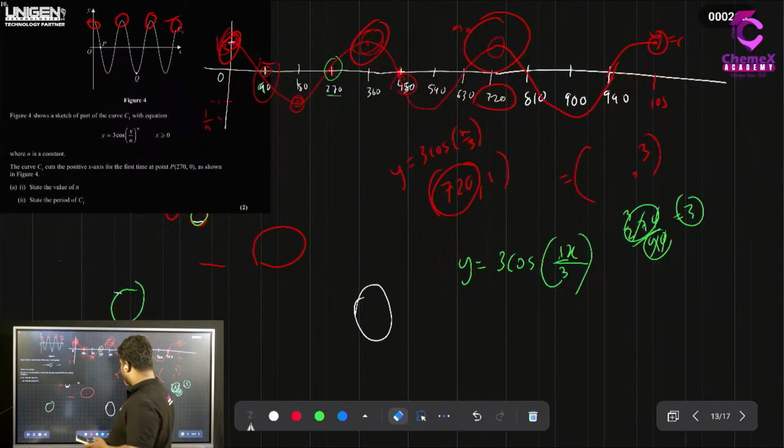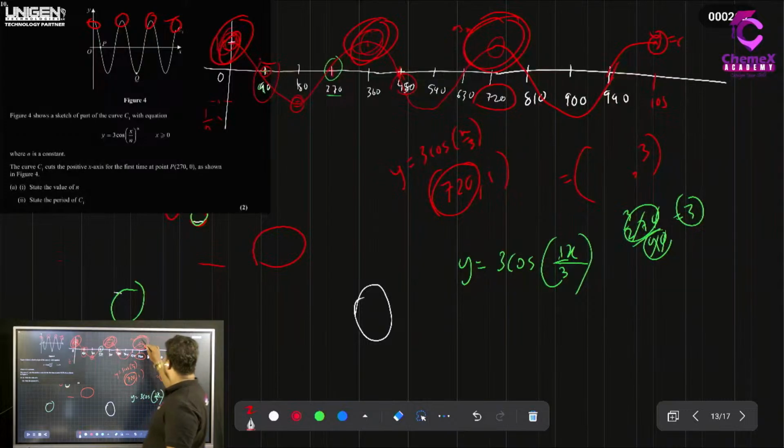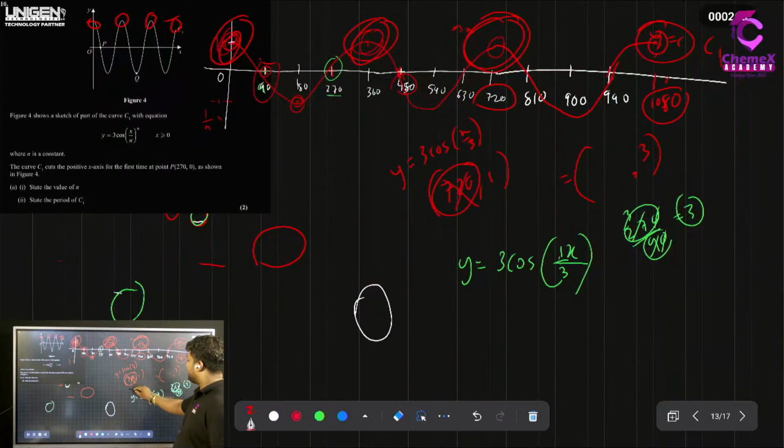For the first, second, third, fourth one, we need the fourth one. What does it give? 990 plus 90 is 1080.